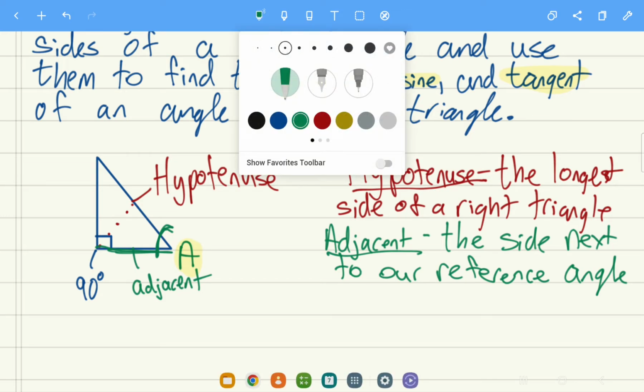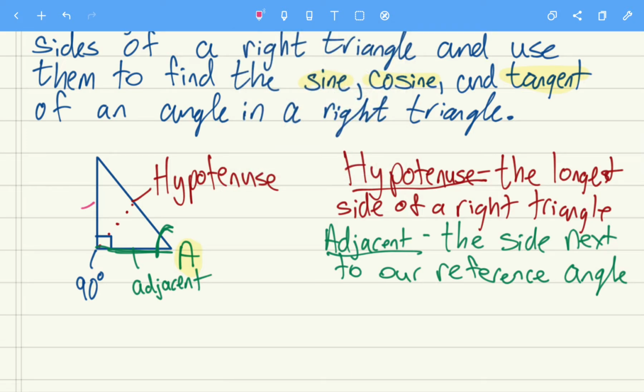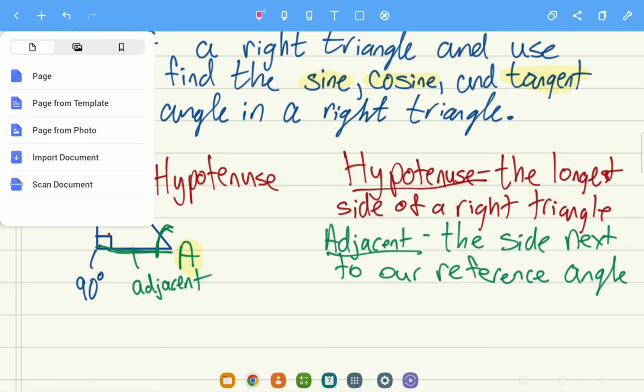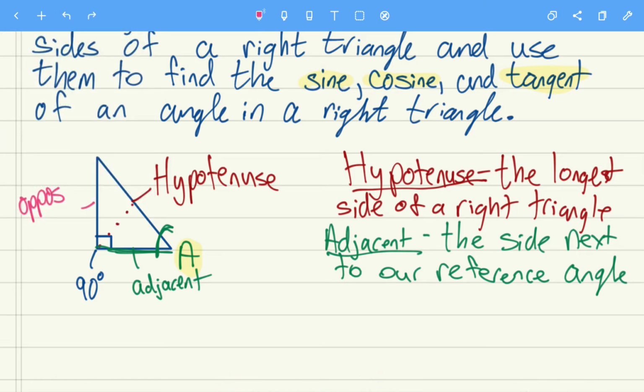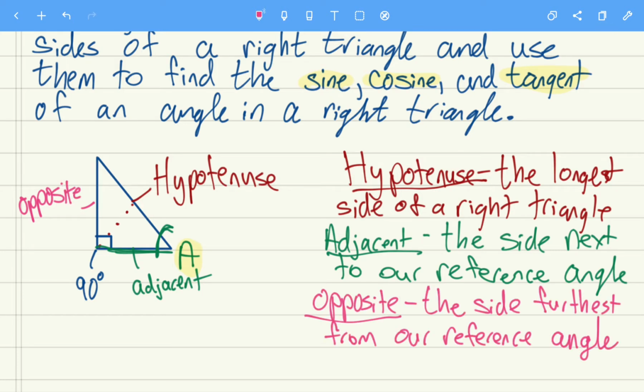Our last side label we can use is opposite. Now, our opposite side is the side furthest from our reference angle. It's across the triangle on the other side.